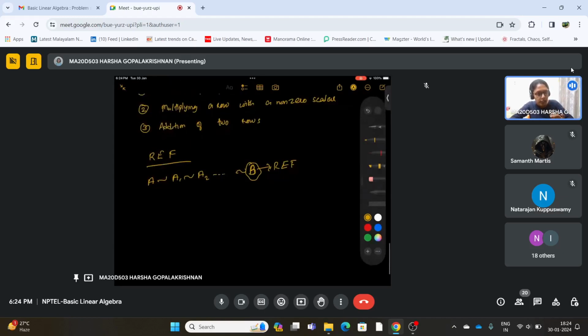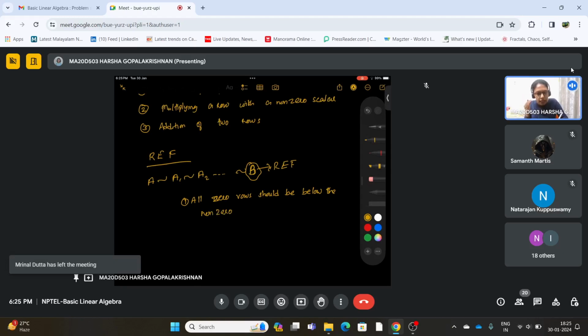So what are the conditions? All zero rows should be below the non-zero rows. So first we should list the non-zero rows on top and the zero rows should be at the end. So this is one condition.